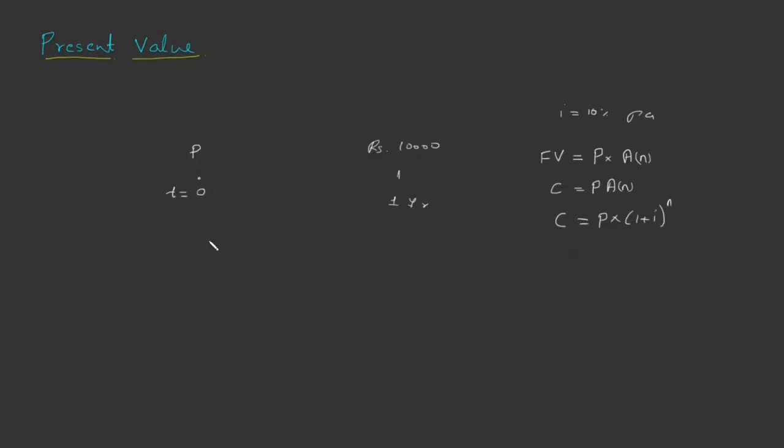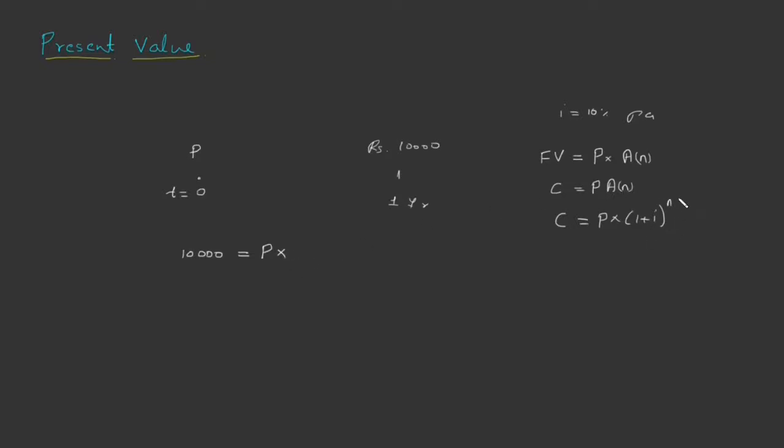In this case, the question is reverse. That is, how much I have to invest today to get a future amount of rupees 10,000 after 1 year. Let us do it in the same manner. The future amount I need to get is rupees 10,000, and that is equal to the principal, which I don't know, so I write it as P into AN.